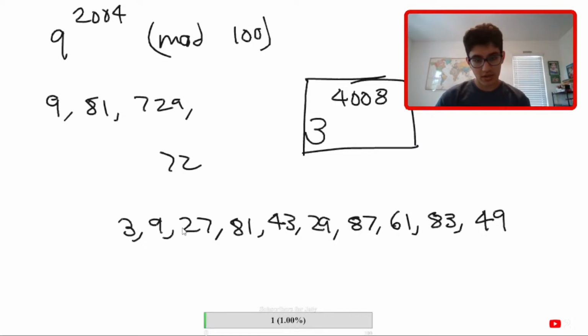So 3 to the 4000th would be this. Wait, what am I even saying? This is negative 1, right? So this is equal to negative 1 mod 50. So we didn't get mod 100, we got mod 50, which could still be useful for us.